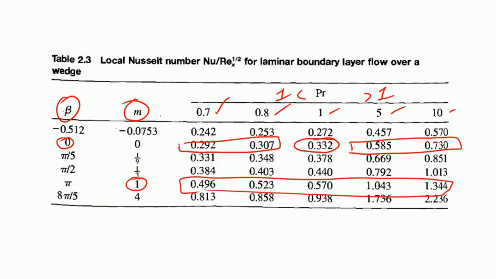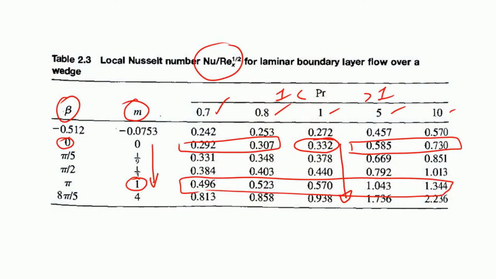As you can see, the Nusselt number is a function of the Prandtl number for all the wedge angles. But as we increase the wedge angle, you are going into a more and more convergent nozzle kind of situation. That means the flow is accelerating a little more, and you can see that the value of your Nusselt number correspondingly increases.